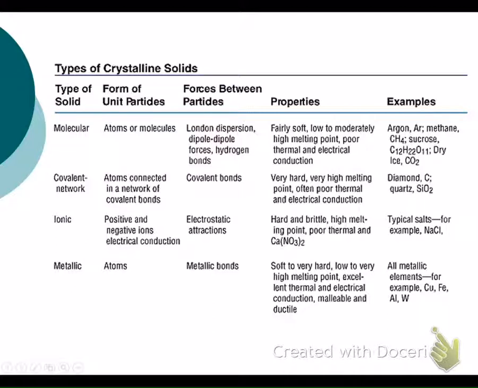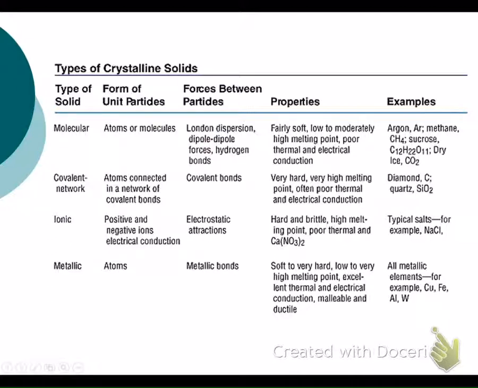And then finally we have metallic solids. These are going to be held together by metallic bonds, which I'll explain in a minute. There's a very wide range of metallic solids, from soft, think of cesium or sodium, to very hard, think of tungsten, think of iron. And you can have low melting points, again think of cesium, to high melting points, again think of tungsten in the filaments of your light bulbs.